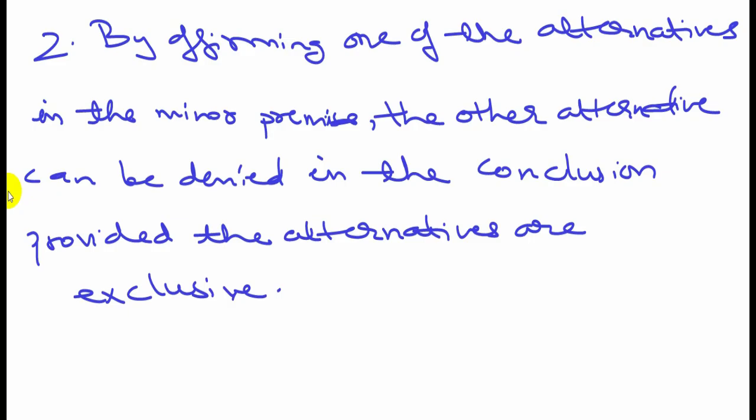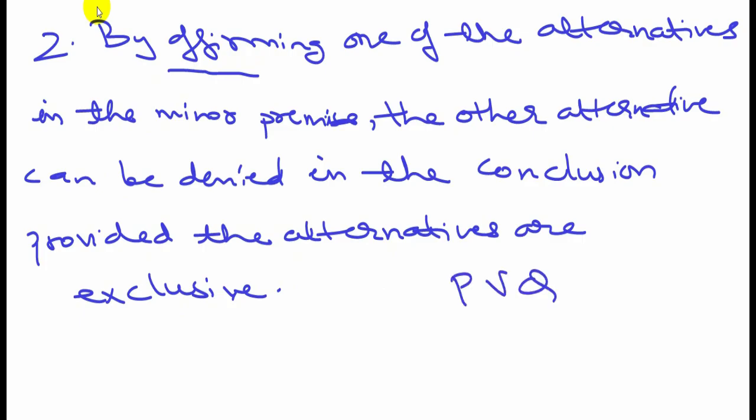Okay? The keyword here is affirming. By affirming one of the alternatives in the minor premise, the other alternative can be denied in the conclusion, provided the alternatives are exclusive.